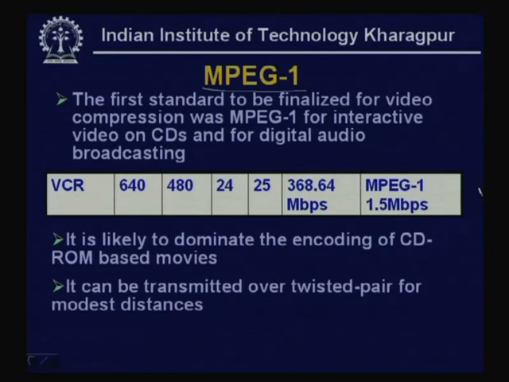With the help of MPEG 1, a VCR quality video having 640 by 480 pixels with 25 frames per second and 24 bits per pixel gives you 368.64 megabits per second in uncompressed form. And after performing MPEG 1 compression, it produces 1.5 megabits per second.